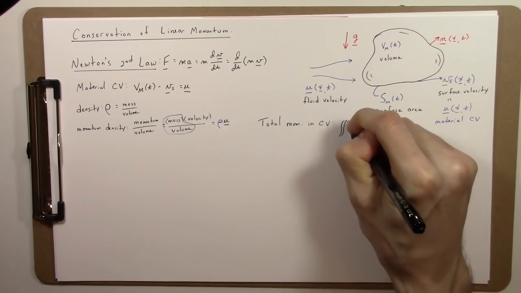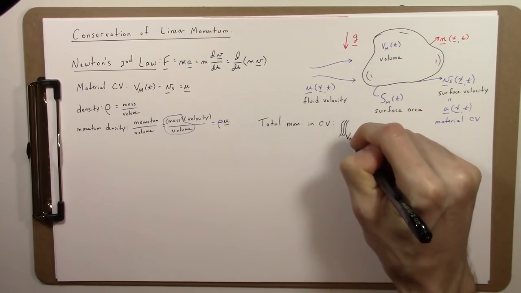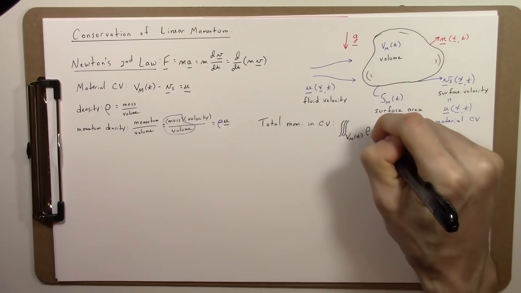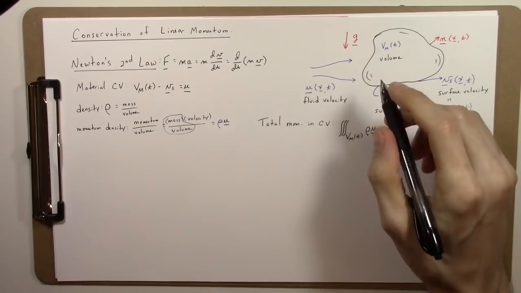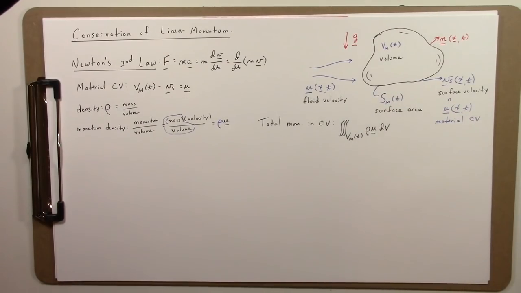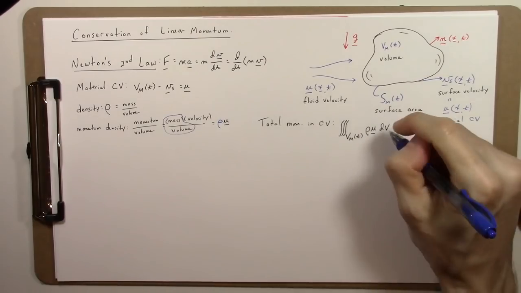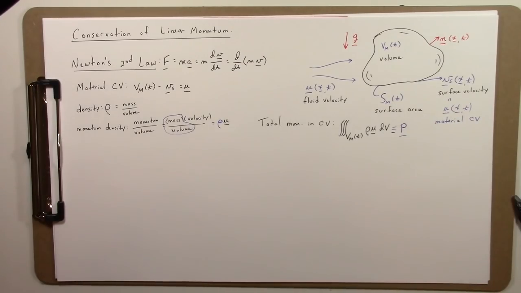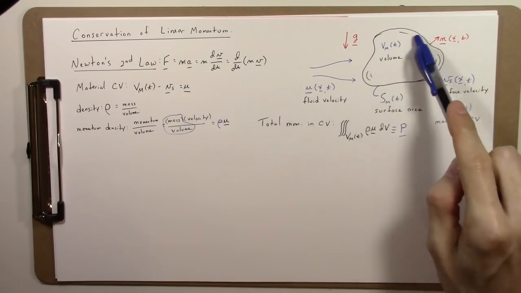So we have the triple integral over the volume Vm, that depends on time, of the momentum density, rho u dV. And for notational convenience, we'll call this quantity P vector. So the vector capital P represents the total momentum contained within this fluid's control volume.